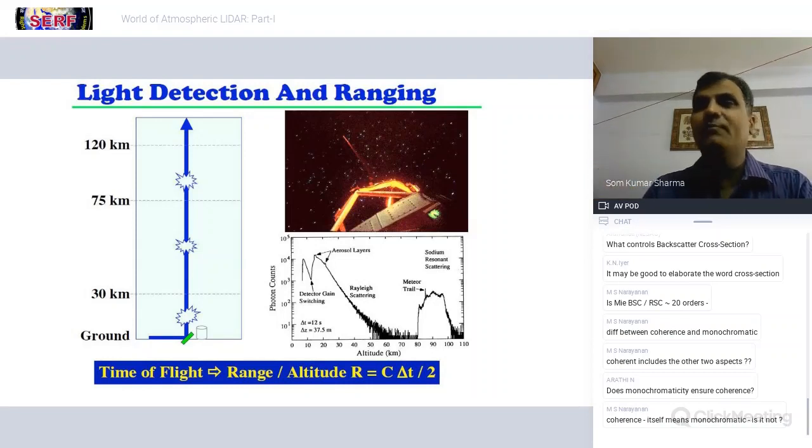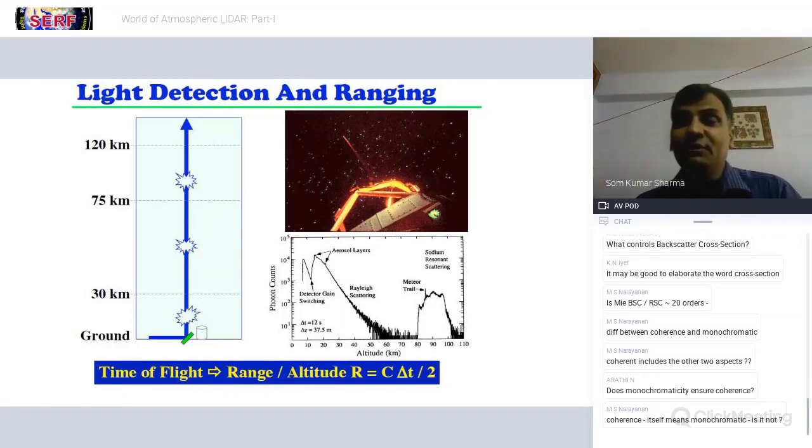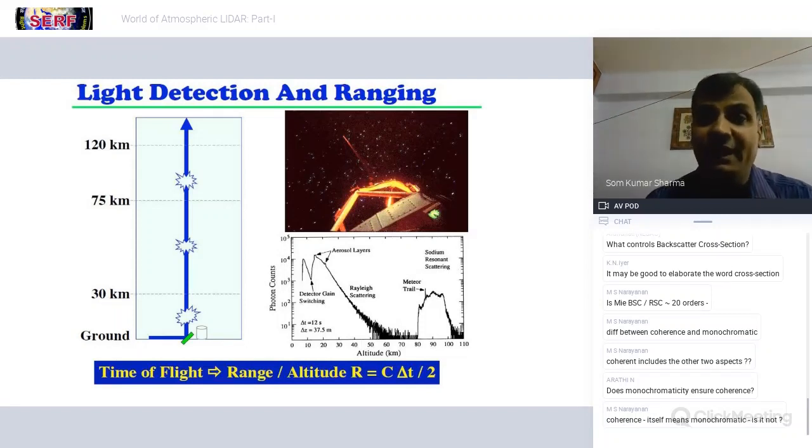LIDAR measures the time delay between the transmitted and received light, and you know LIDAR is light detection and ranging. So it is transmitted, detected, and then ranged. Range means altitude or horizontal range you want to detect. How can you detect it? A very simple formula, which you might have read in earlier classes: distance is equal to velocity into time.